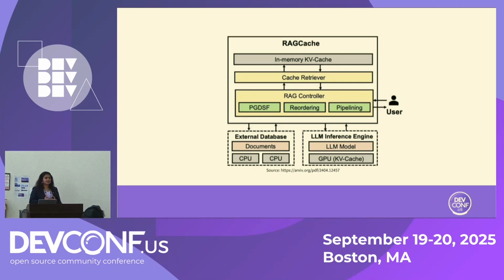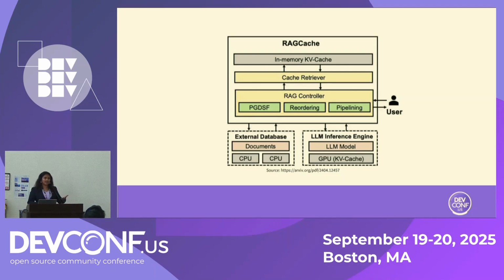When a user inputs a query, it queries the external database, and the RAG controller applies a method called PGDSF, that is prefix-aware greedy dual size frequency replacement policy, which ensures that it caches the most critical key value tensors.